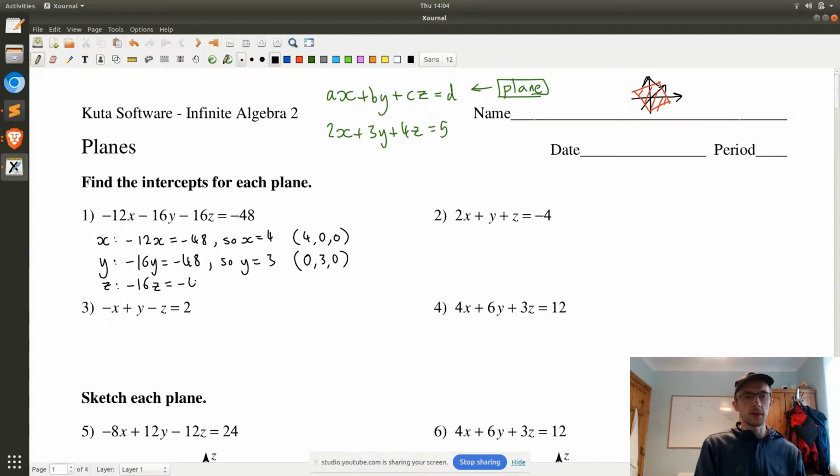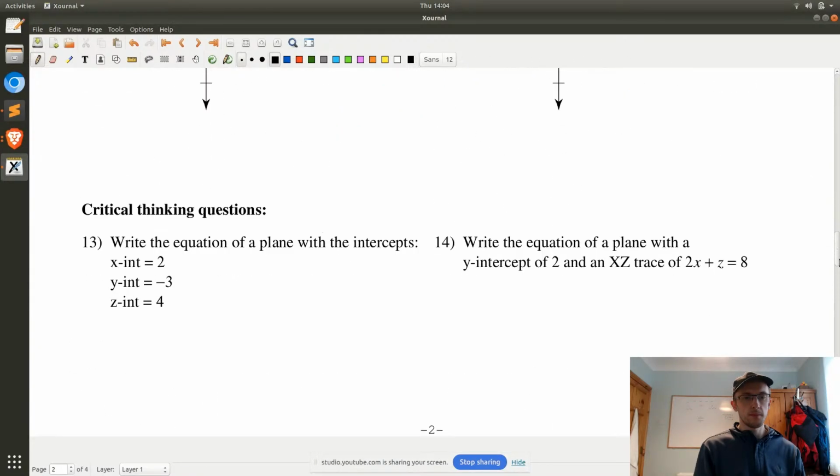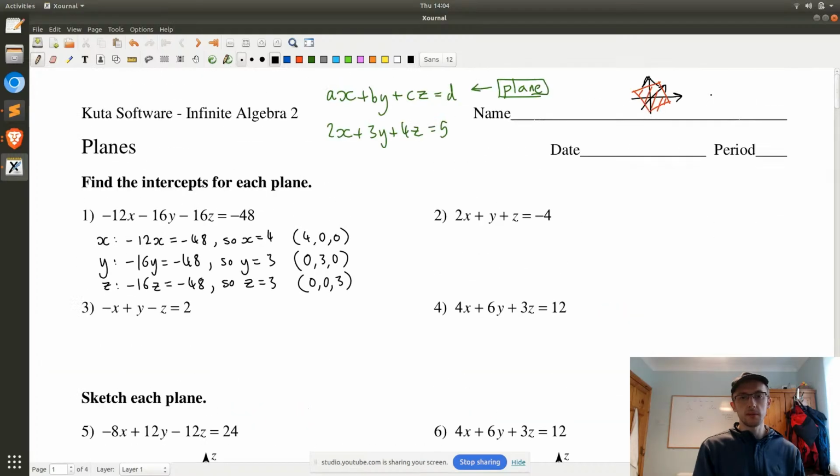Negative 16z equals negative 48. So z is equal to 3. So 0, 0, 3. We'll just check. 4 through 3. Okay.